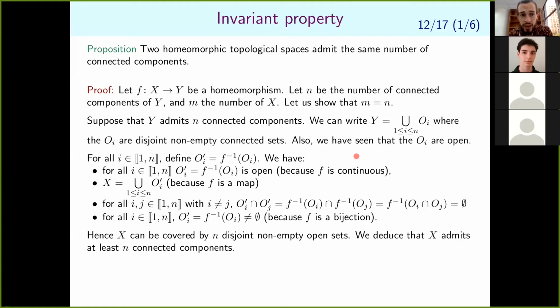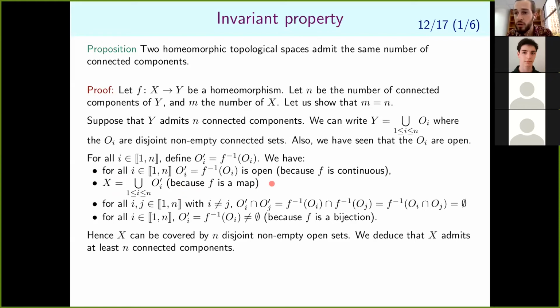So in order to prove that X has that many connected components, we will pull back the components of Y on X. So define for every O_i its preimage, O_i'. What we have is that each of them is open. We also have that the O_i' cover X, because F is a map.